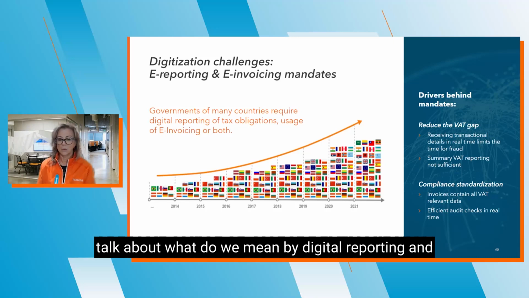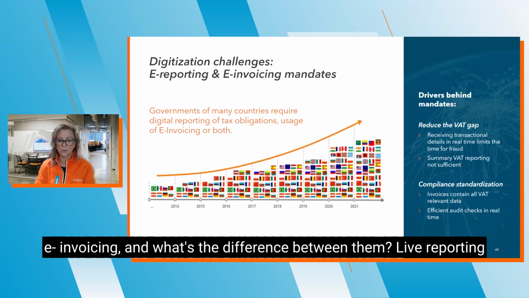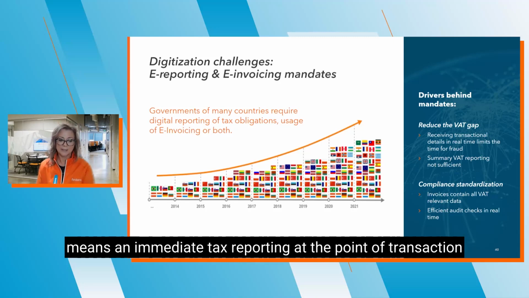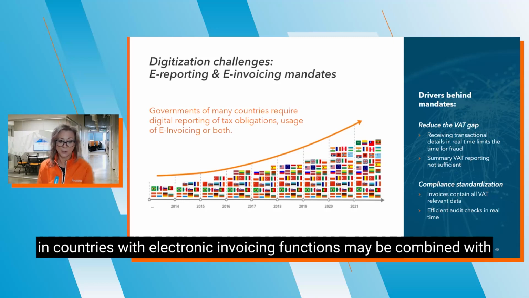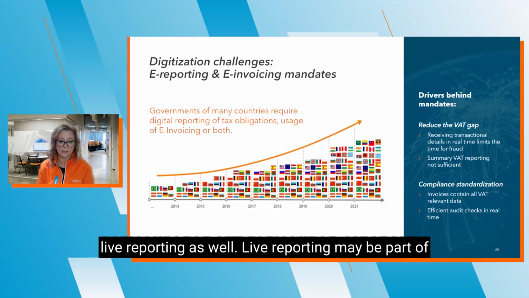So let's talk about what we mean by digital reporting and e-invoicing and what's the difference between them. Live reporting means an immediate tax reporting at the point of transaction to a jurisdiction. Electronic invoicing is a way of billing in countries with electronic invoicing functions, maybe combined with live reporting as well.